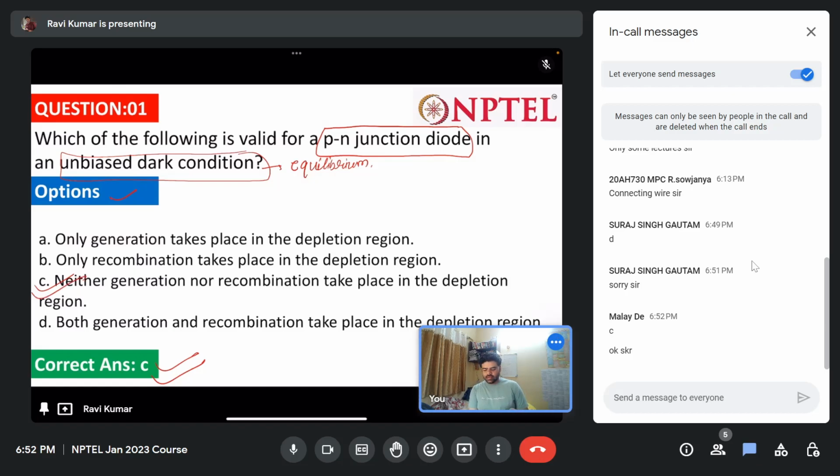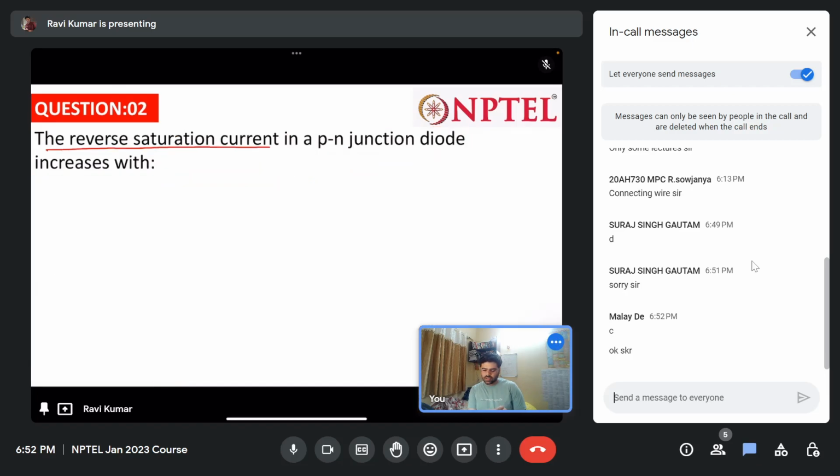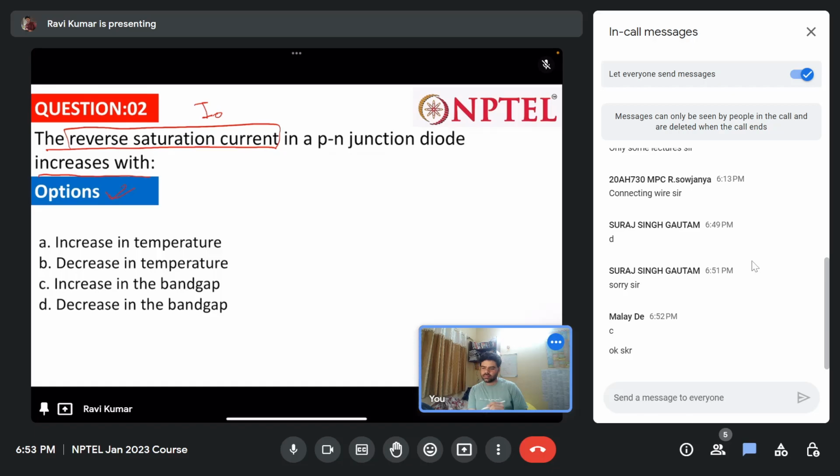Okay, let's move to the next question, which says: reverse saturation current in a PN junction diode increases with, and these are the options.